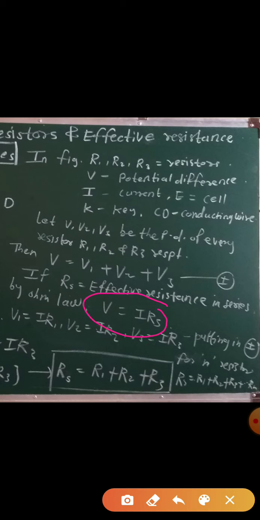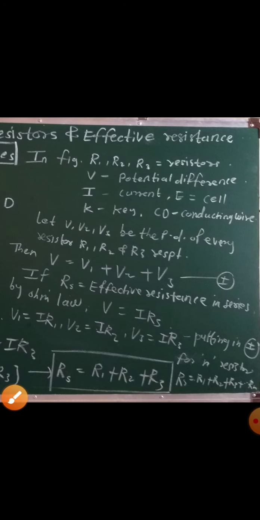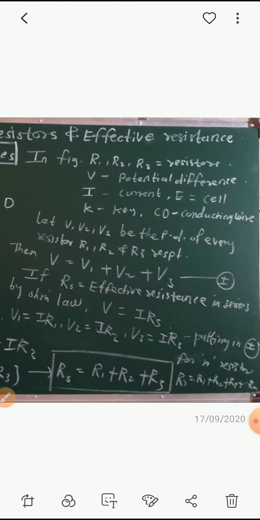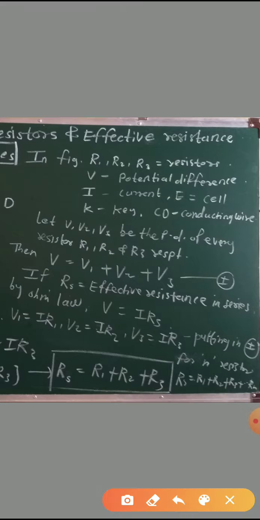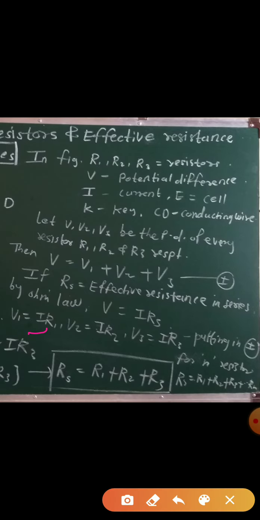So V is equal to I Rs, where s shows the series. Now what is the value of V1? Using Ohm's law, V1 is equal to IR1, V2 is equal to IR2 and V3 is equal to IR3.